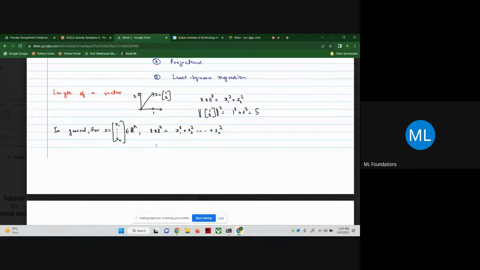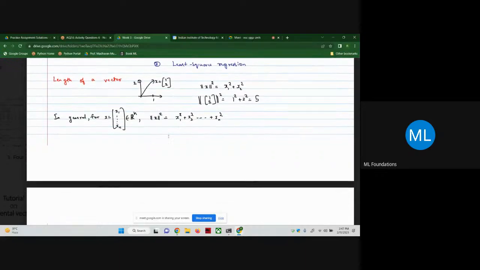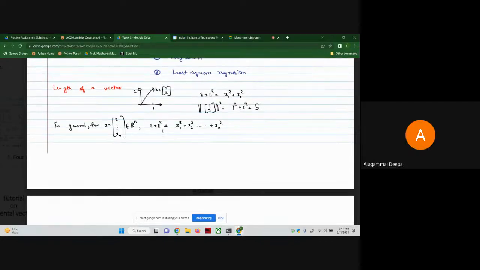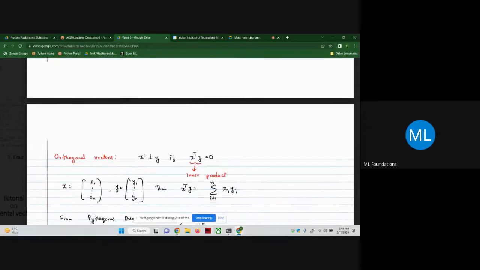We have seen this before. For the vector (1, 2), the length is the square root of 1 square plus 2 square, which is root 5. Instead of writing the root, you can simply write length square equals x1 square plus x2 square and so on. They have just rewritten it in a different way.